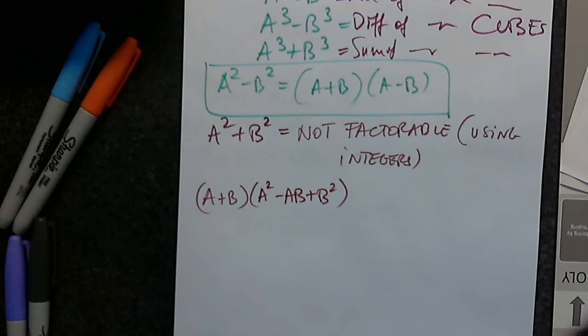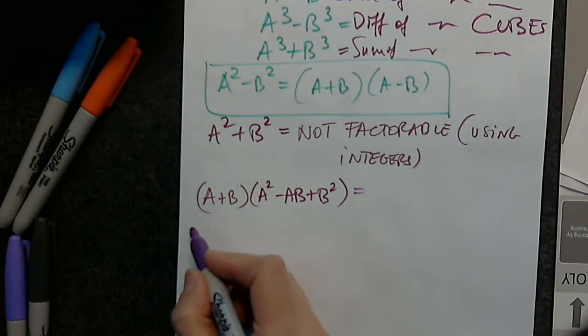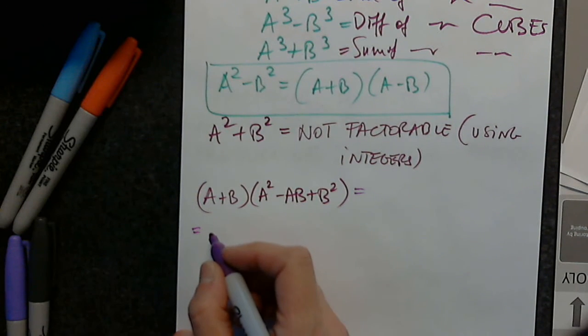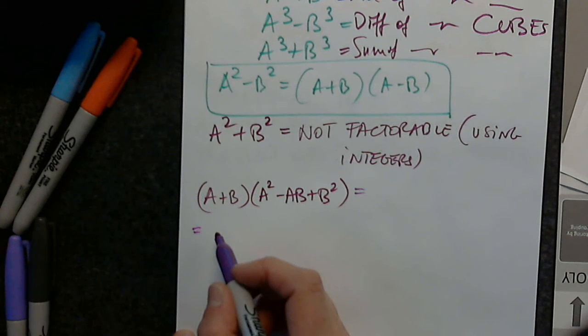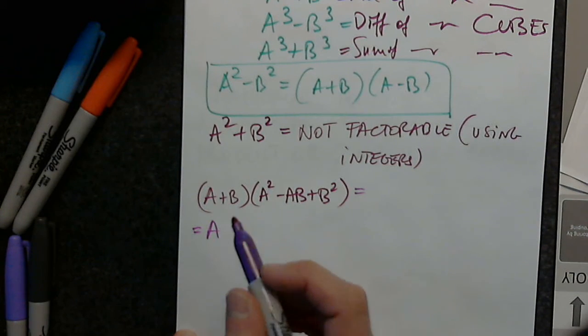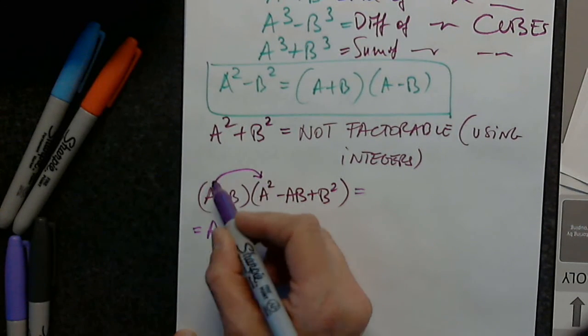How do I multiply a binomial by a trinomial? This comes from chapter 5. Dictate, please. A plus B, times A squared minus AB plus B squared. I have to distribute A to 3 terms.